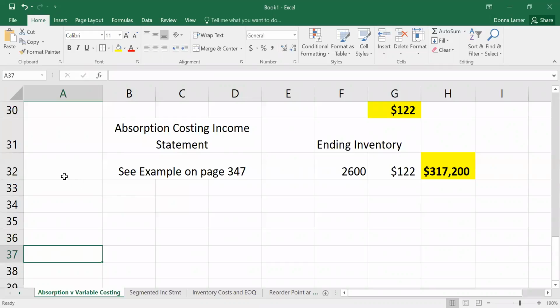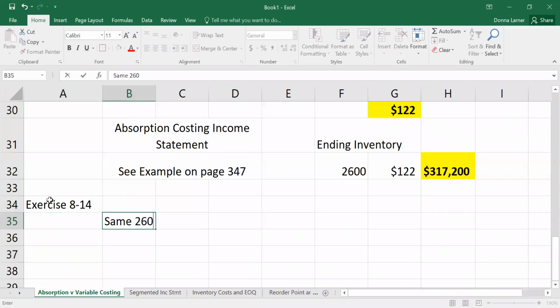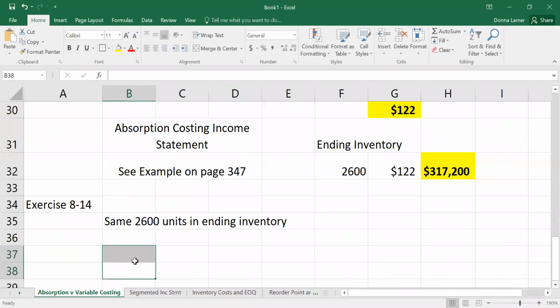Exercise 14 again asks the question, how many units are in ending inventory? Even though we're keeping track of the costs differently, we aren't changing how many units we produced or how many we sold or anything. So the ending inventory is the same.